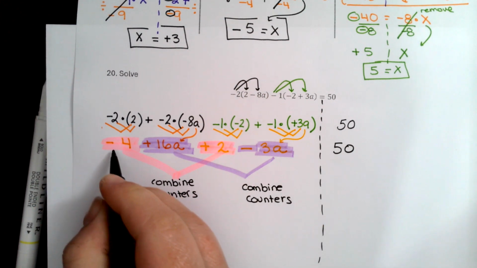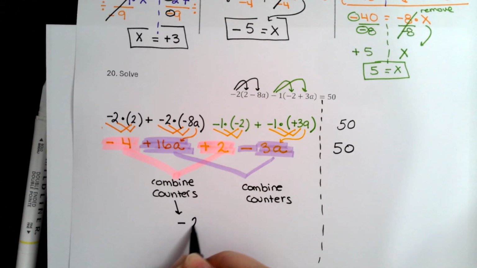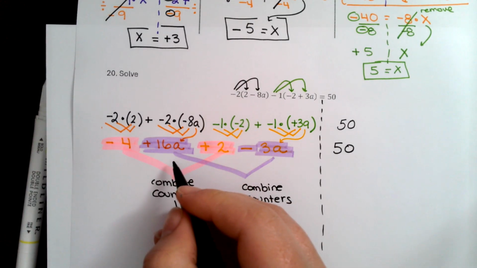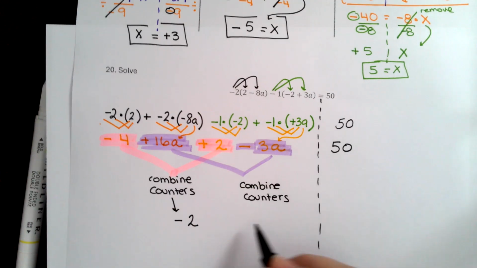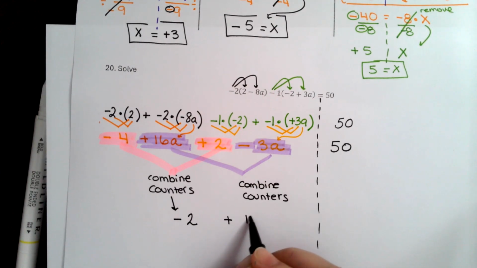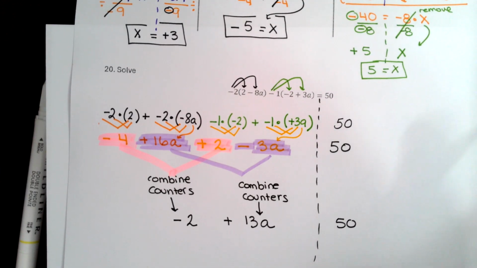Okay, so -4, positive 2, that gives us -2. 16 positives and 3 minuses give us a positive 13 with the letter A. Okay, again, we're just going to copy that 50 down.